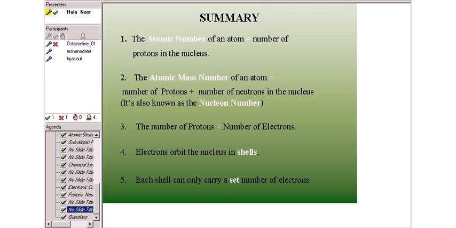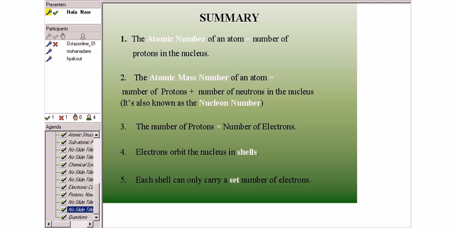And their mass is the mass number. We call it the atomic mass number, as you see in here. The number of electrons, which are negative in charge, is equal to the number of protons, which are positive in charge. That's why the atom is neutral in charge. And the neutron has no effect on the charge of the atom because it has no charge, or it's neutral in charge.